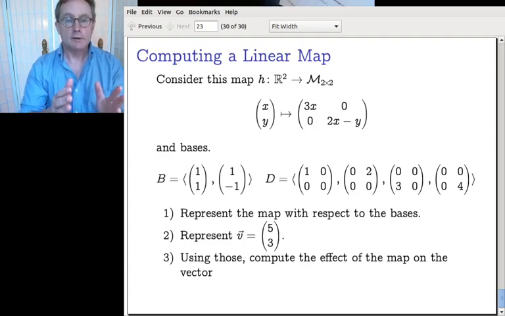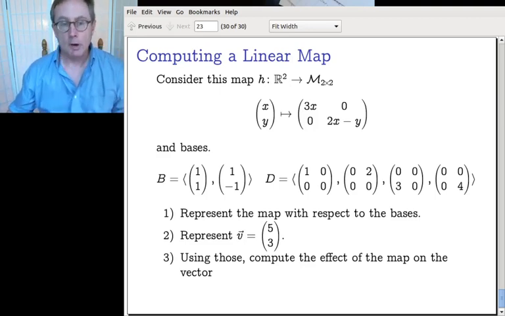We just take these columns and put them one next to each other, and then we figured out the way that the numbers in that kind of tiny little database combine with the numbers for the representation of the vector. We call that the definition of matrix vector multiplication, and that's how we compute the effect of a linear map. If we have an arbitrary linear map, that's how we figure out how to compute it.